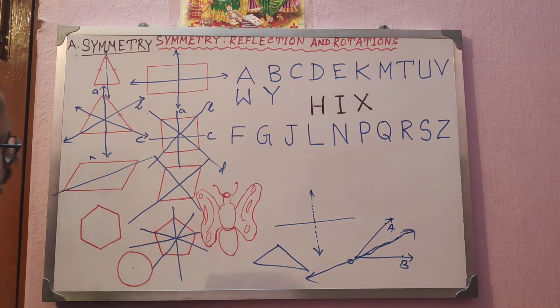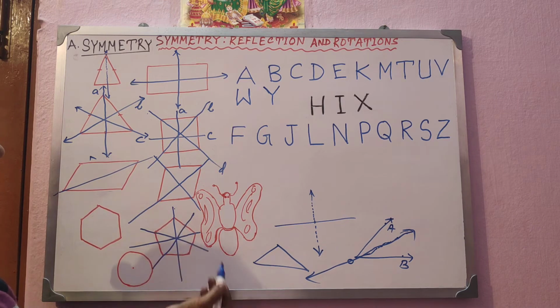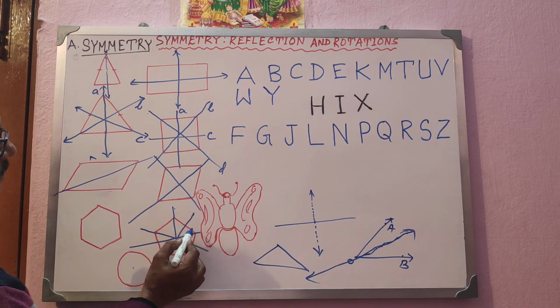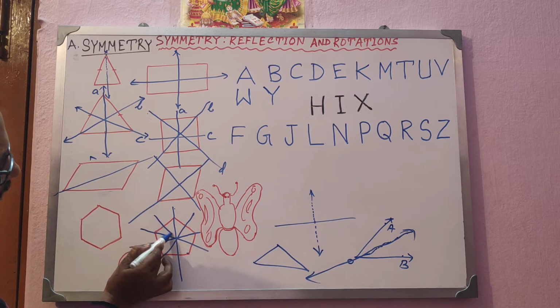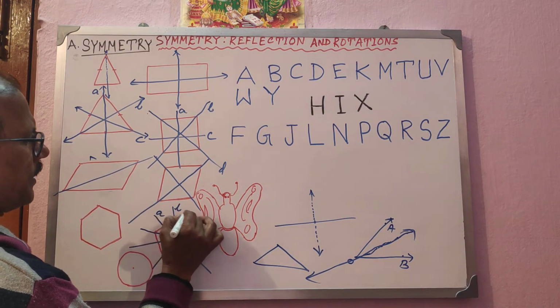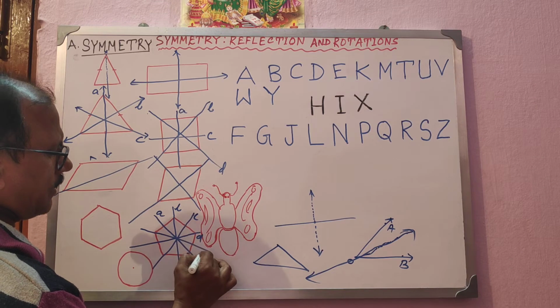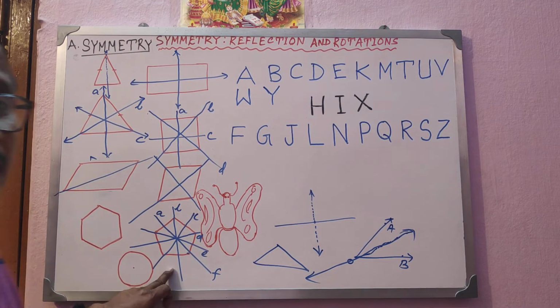A pentagon will have how many? See, it has got 5 angles, so 5 lines of symmetry. 1, 2, 3, 4, and then here another one I have not drawn. 5 lines of symmetry. Could you understand? If you mark it A, B, C, D, E, this many lines of symmetry a regular pentagon will have.